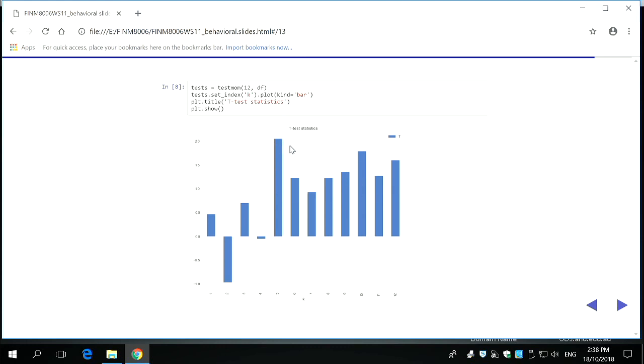Not everything is significant, but it remains quite significant from lag 5 months to lag 12 months, which means if I use the sign of the lag 5 months or lag 12 months cumulative returns to predict the future return, I get quite significant results.